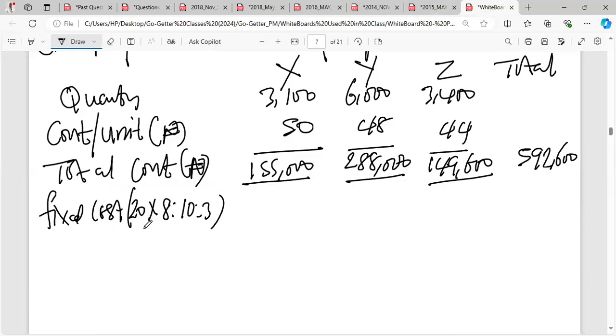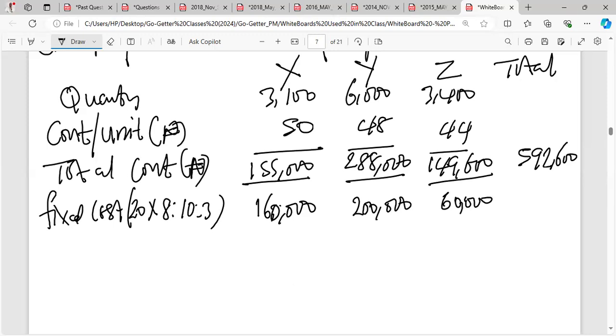So 8,000 times 20 is 160,000. 10,000 times 20 is 200,000. 3,000 times 20, 3 times 2 is 6, so 60,000.